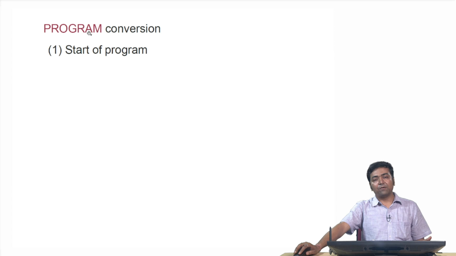This keyword tells the compiler that this is the beginning of the program, and the keyword program is followed by a name. Typically, one should choose a name which can tell anyone what the job of this program is. So, this is my first step, that is the start of the program.